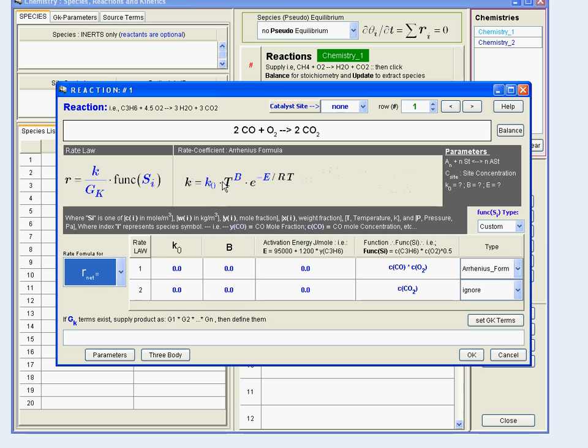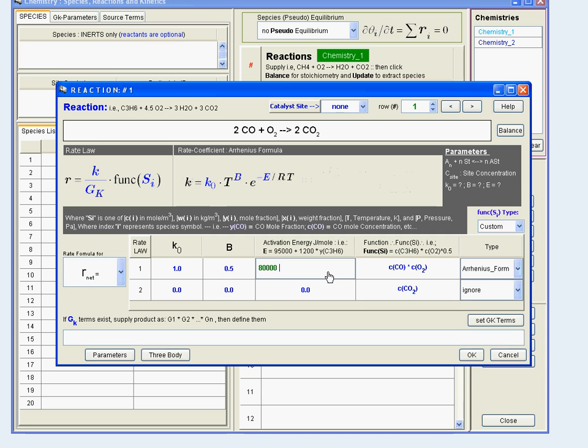So for the pre-exponential constant, we enter 1 here, we could enter 0.5, and then the activation energy could be a function of concentrations as well. Basically, all these values could be a function of concentrations as well.